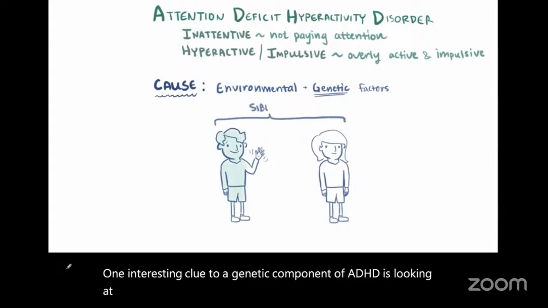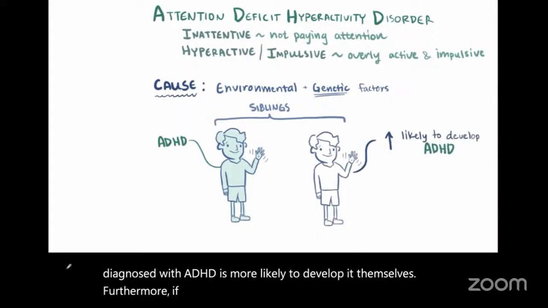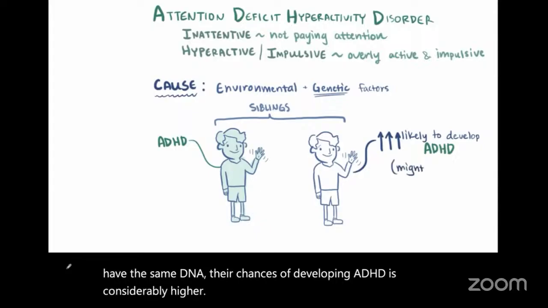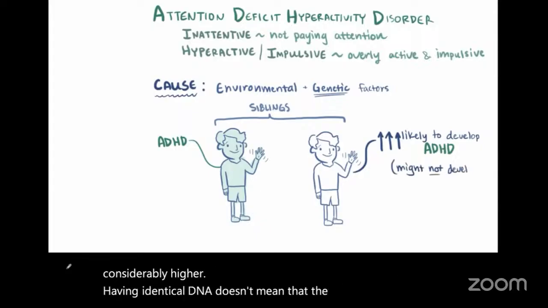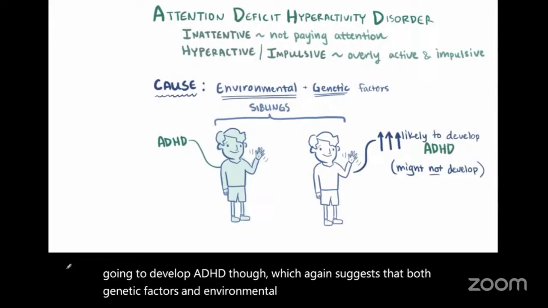For example, a child with a sibling that's been diagnosed with ADHD is more likely to develop it themselves. Furthermore, if those siblings are identical twins, meaning they have the same DNA, their chances of developing ADHD is considerably higher. Having identical DNA doesn't mean that the twin is definitely going to develop ADHD though, which again suggests that both genetic factors and environmental factors play a part.